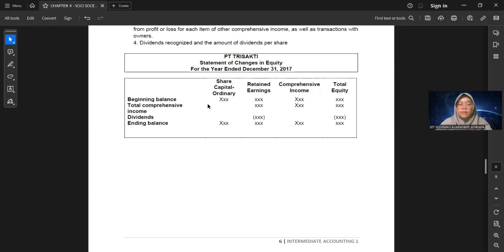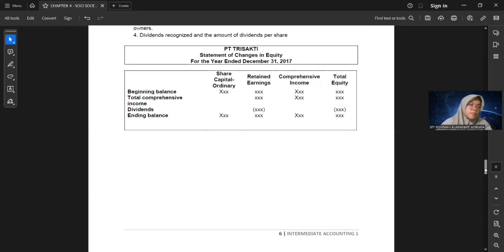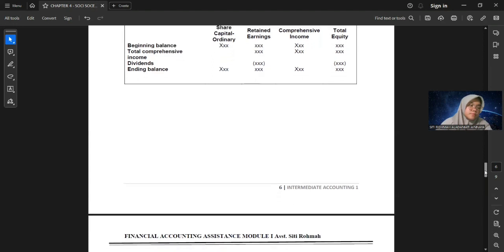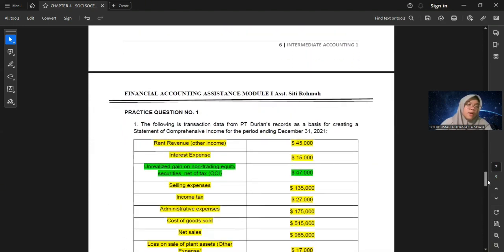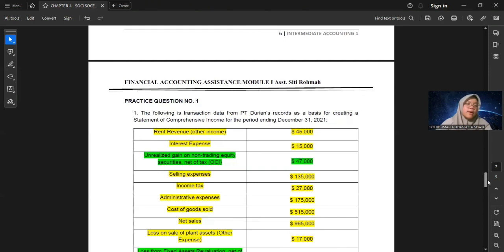We calculate share capital ordinary, retained earnings, comprehensive income, and the total. Okay, so that is what I explained earlier. Is it clear?